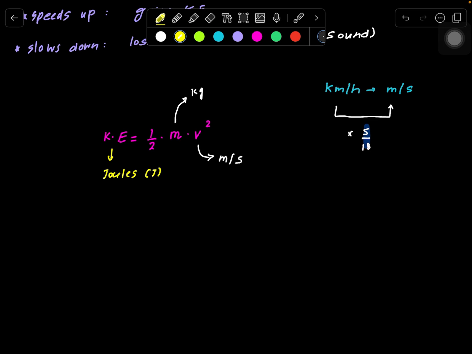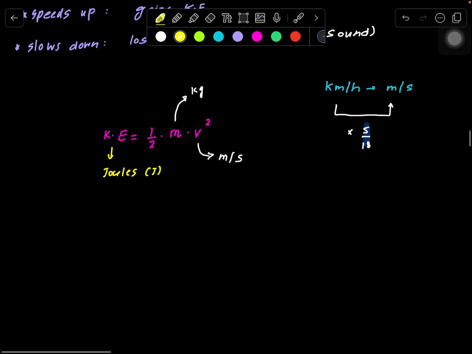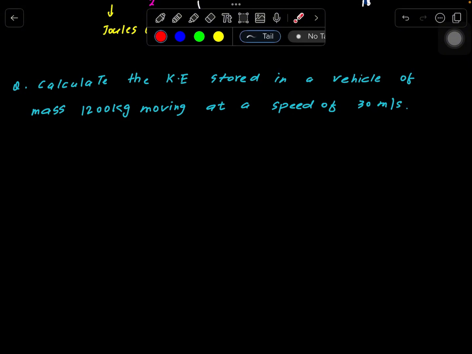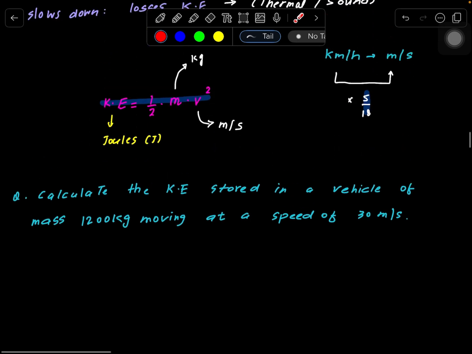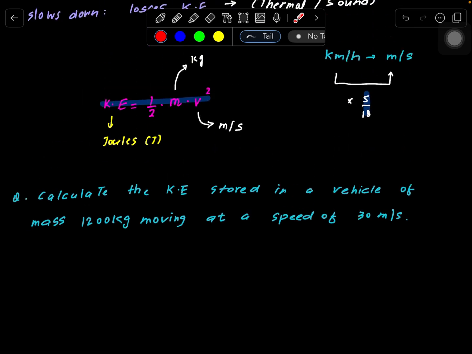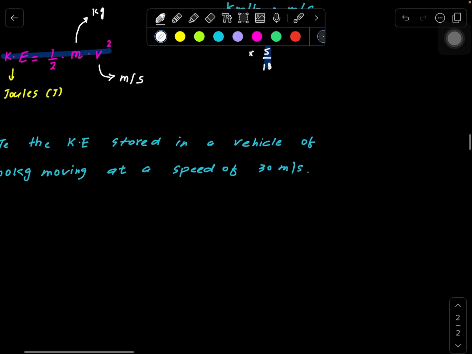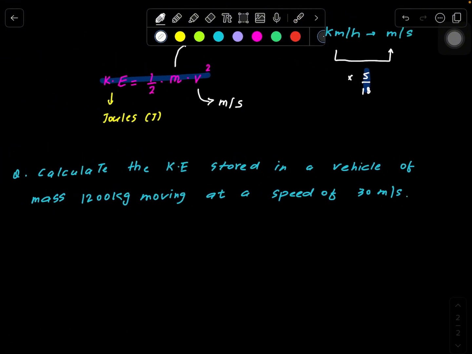Let's do a simple question that involves the use of this formula. Calculate the kinetic energy stored in a vehicle of mass 1200 kilograms moving at a speed of 30 meters per second. So you notice that in the formula above, I used the term velocity and we have speed here. Remember that velocity is simply speed with direction.